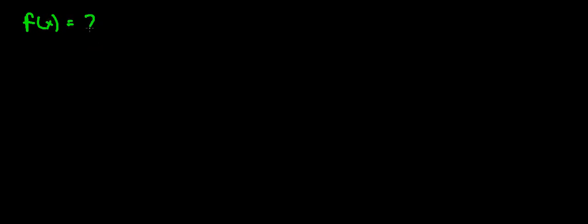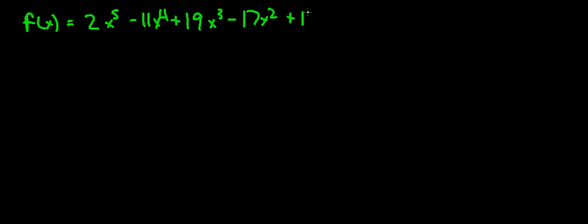So f of x is equal to x to the 5th minus 11x to the 4th plus 19x to the 3rd minus 17x squared plus 17x minus 6. And I want to find all of the zeros for this polynomial.